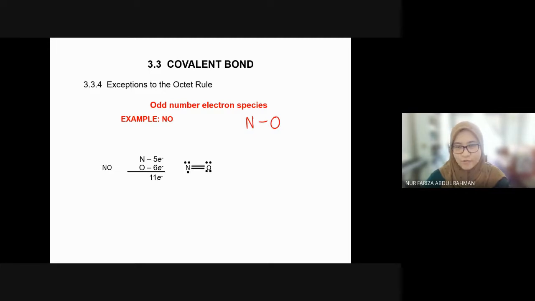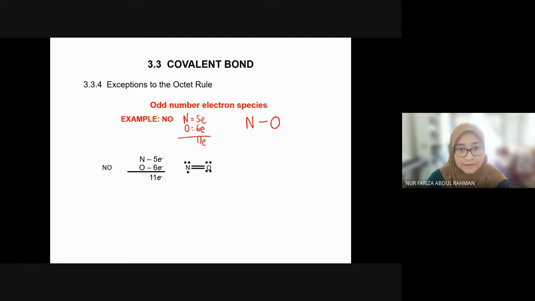NO. There's no charge, so there should be no bracket. This is the skeletal structure, and then we total up the valence electrons. Nitrogen has 5 electrons, oxygen has 6 electrons. As you can see, the total is 11 electrons. See? It's odd.